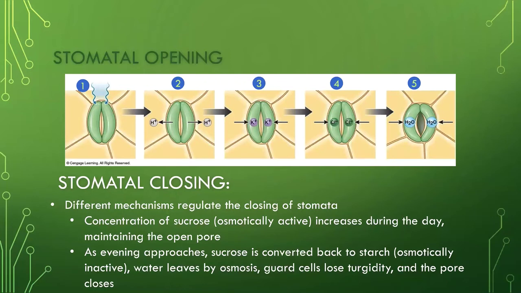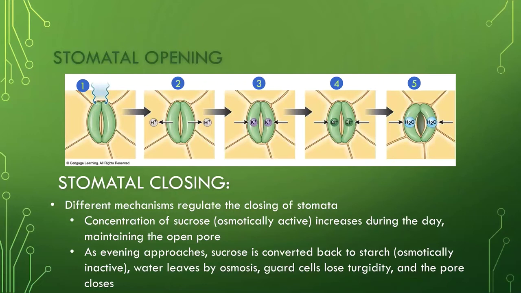Okay? We say that when the cell is full of water, it becomes turgid. And again, this is an active pump that's pumping the chloride into those guard cells. So the cell is expending a little bit of energy to be able to do that.